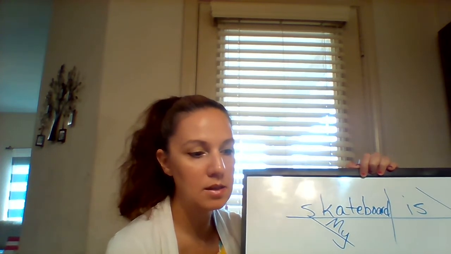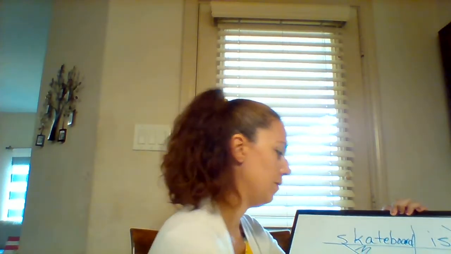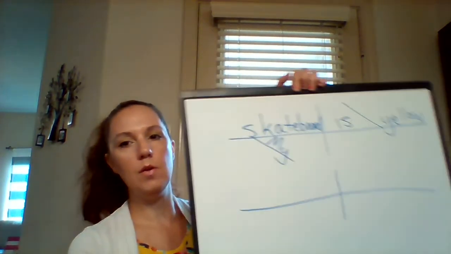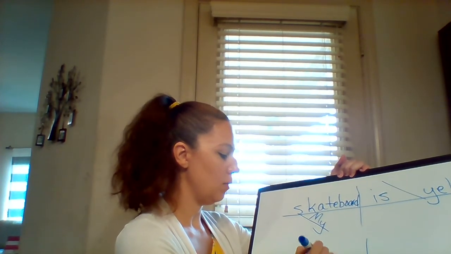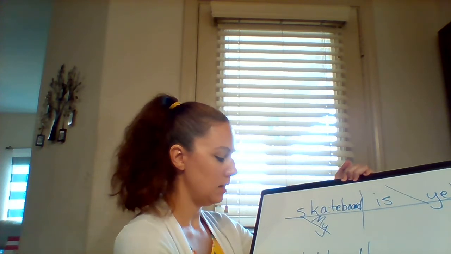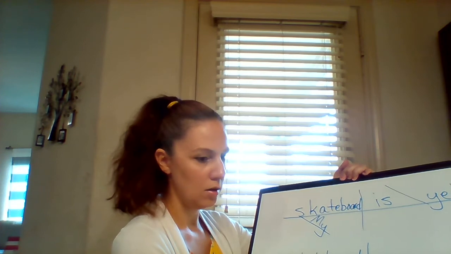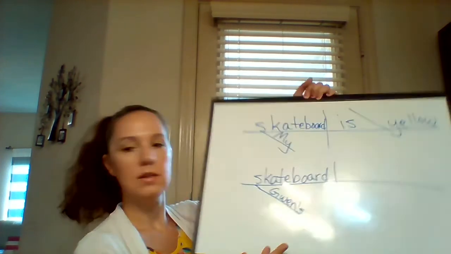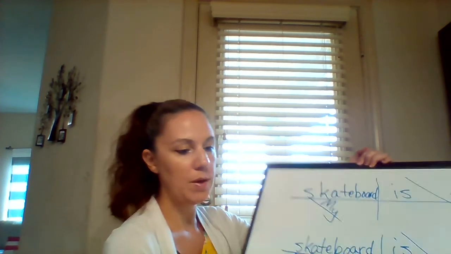Second independent clause, Gwen's skateboard is blue. So I'm going to make another one over here, down below it. Okay, Gwen's skateboard. So skateboard is still my subject. Gwen's is describing who it is, so it's a modifier. Gwen's skateboard is linking verb, so we need a subject complement.